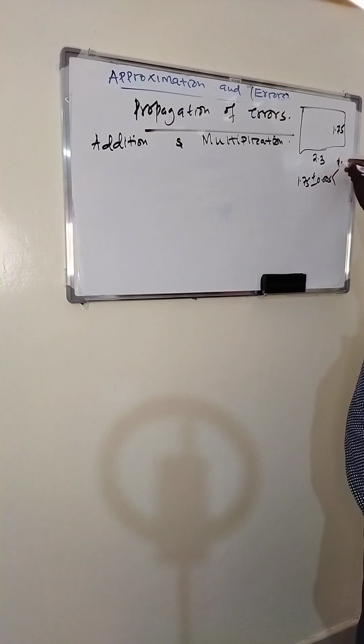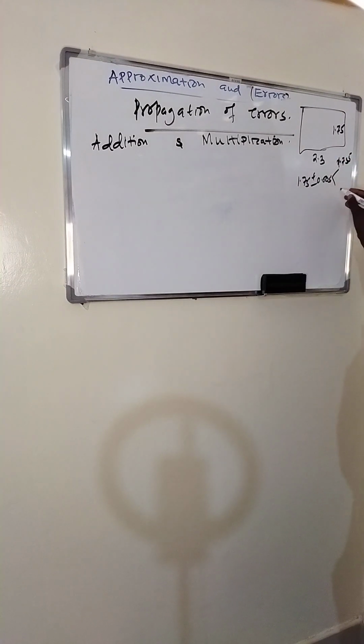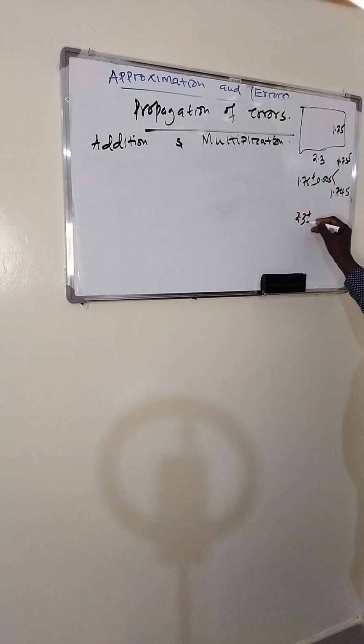So you get 1.755 and then 1.745. Then you have 2.3 length plus or minus 0.05. So you have 2.35 and 2.25.